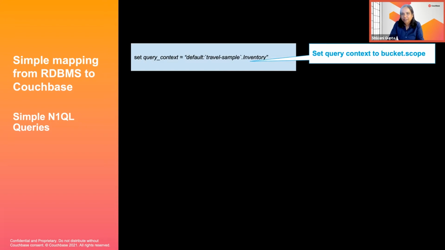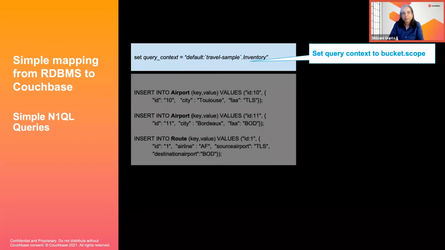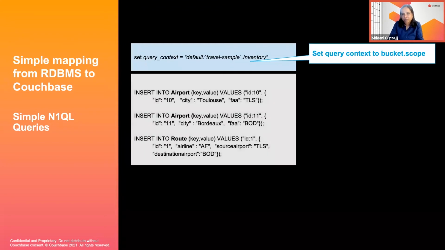This tells the query workbench, or you can do it even in any of our SDKs using the APIs of the SDK, what the context is, and then any collection you use is within that namespace. So you don't have to keep repeating bucket.scope.collection name. And this makes the statements a lot more readable and intuitive to write.